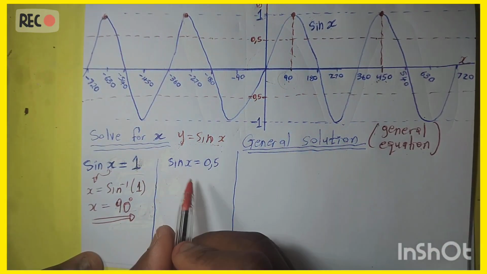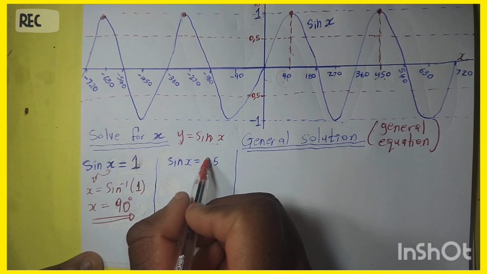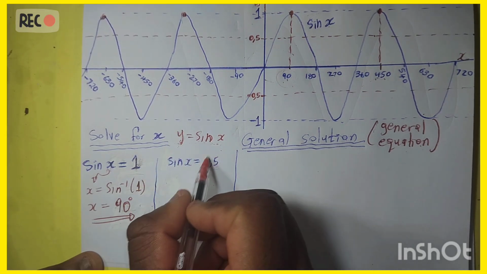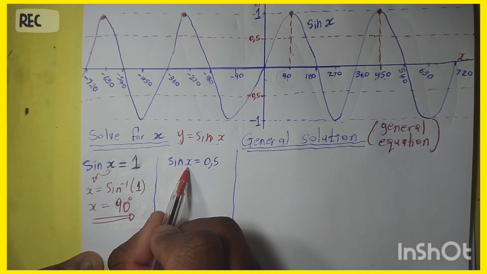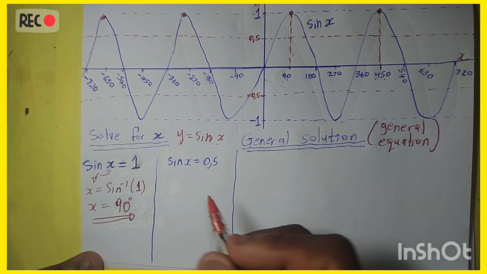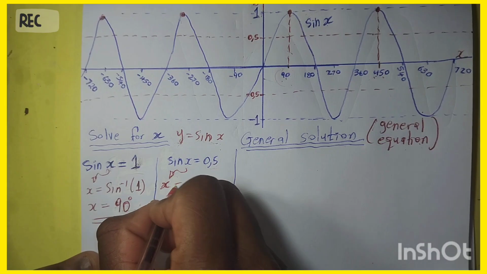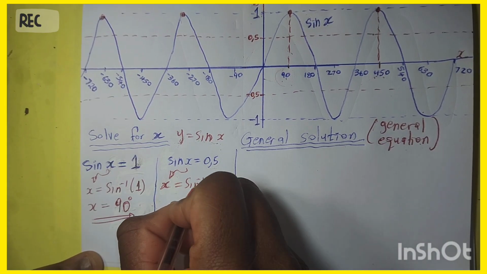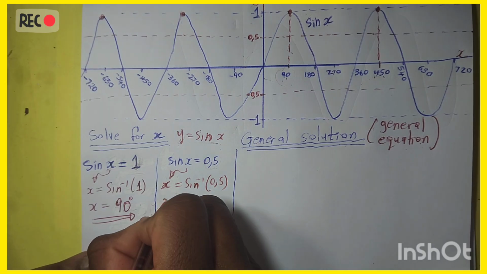Something like this: if I say my y value is 0.5, and I want to find the value for x, what will it be? For me to find the value for x, I will solve for x. I drop the value for x, then I say sine arc 0.5.